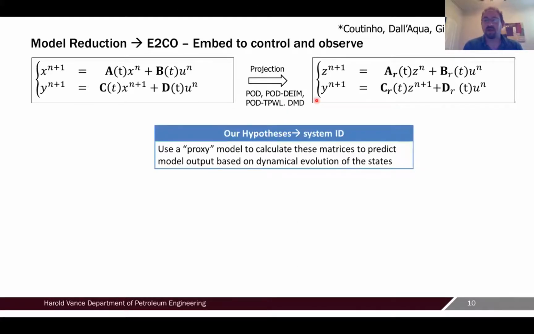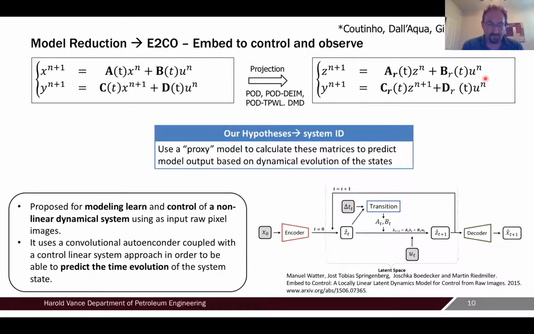But again, what is our hypothesis? It is to come up with this reduced form AR, BR, CR, DR based upon Y and U. Okay, so what are we using then?